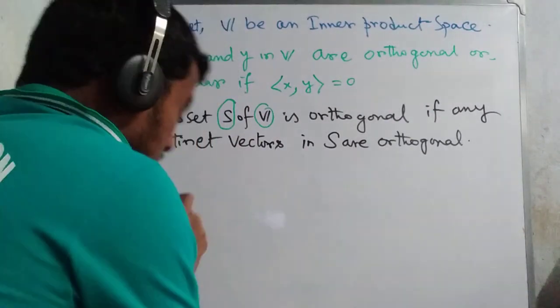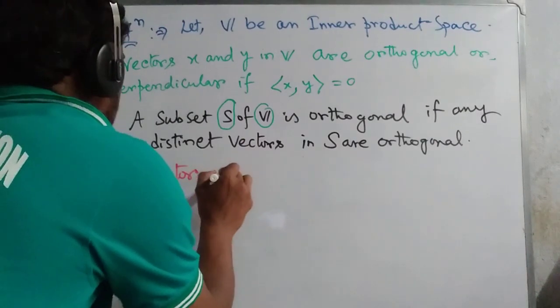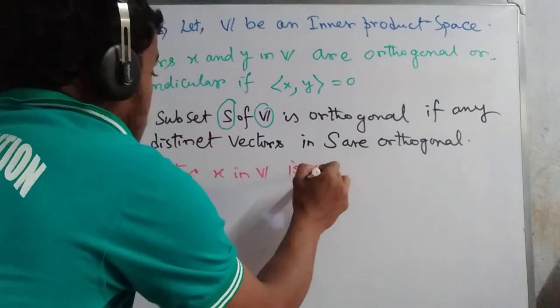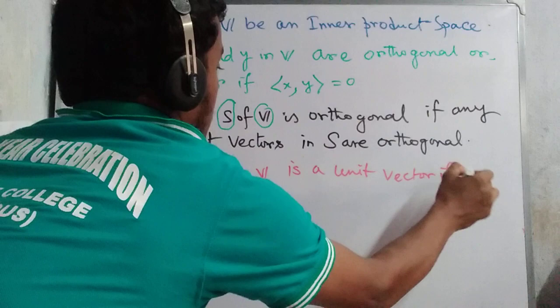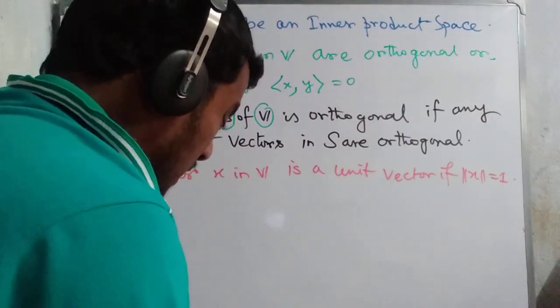A vector x in V is a unit vector if the norm of x equals 1.